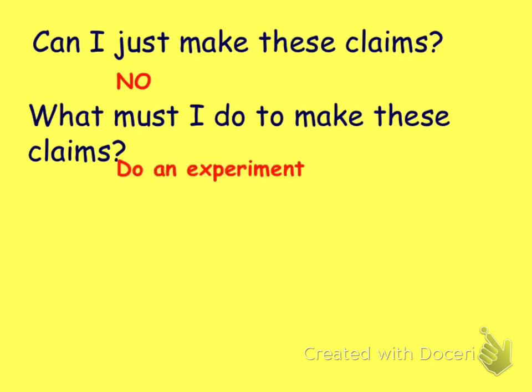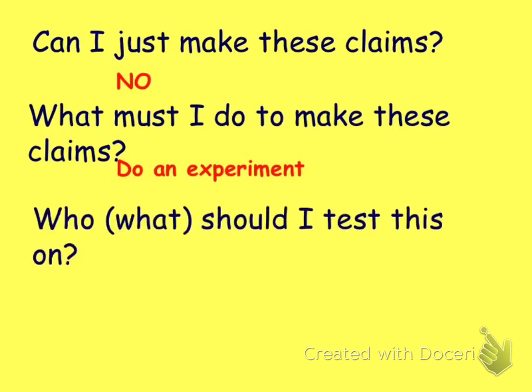That's right. I've got to do an experiment to make these claims, because now I'm going to learn that we can say the word causes and it's going to be okay. By doing an experiment, we can now use the word causes. So, who or what should I test this on? Bunnies, or rabbits.